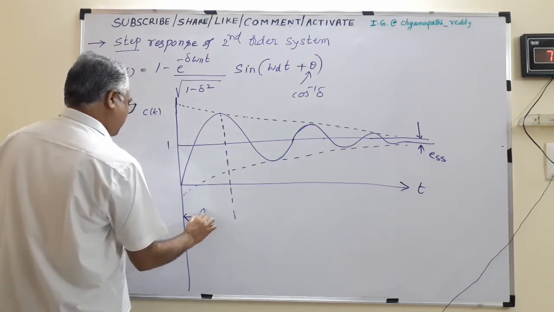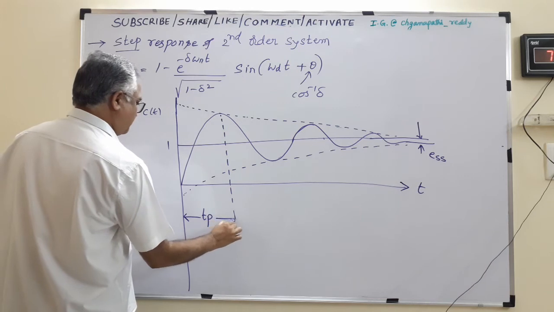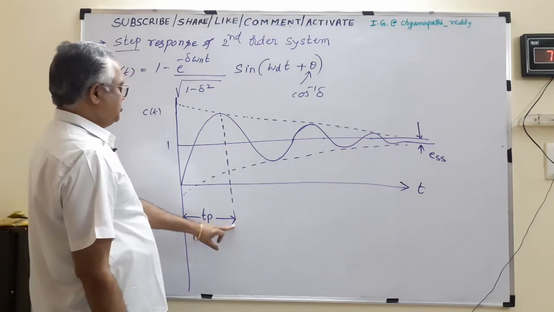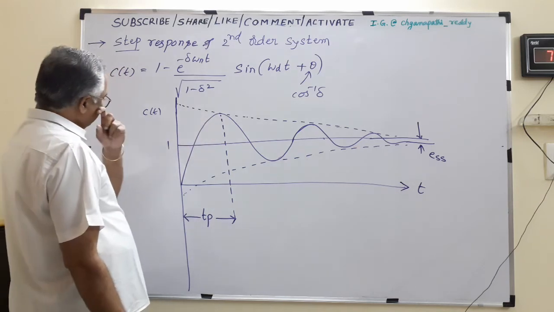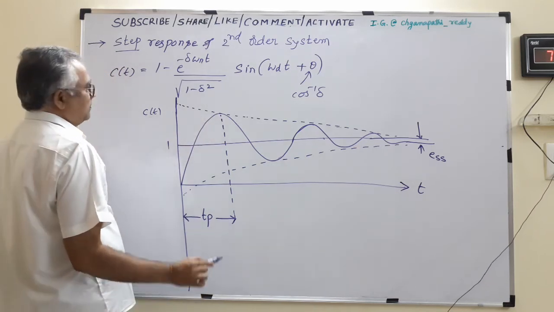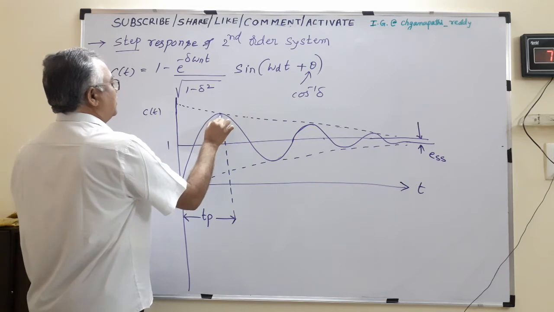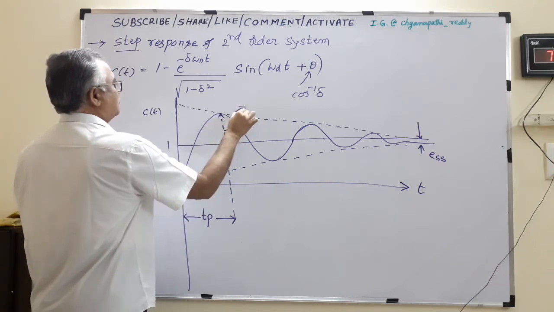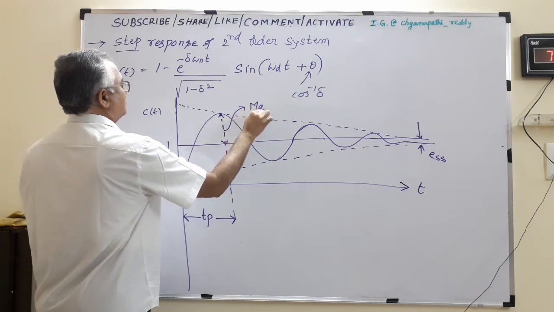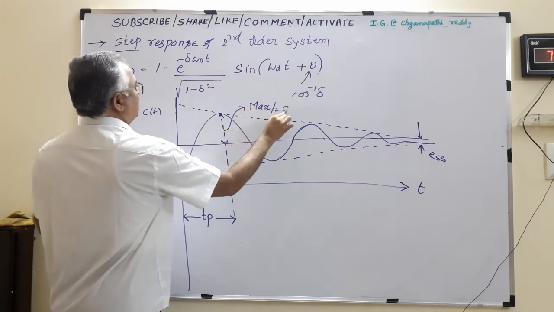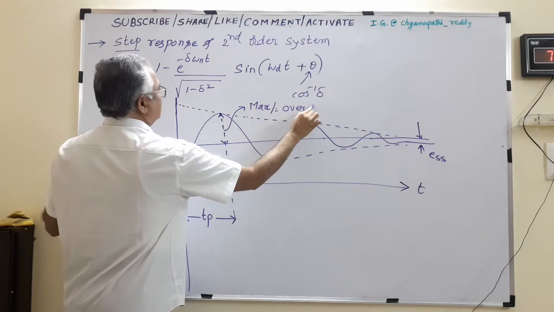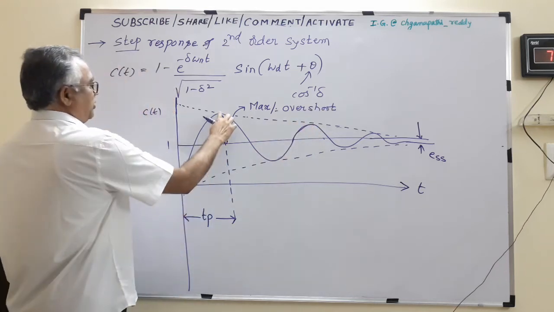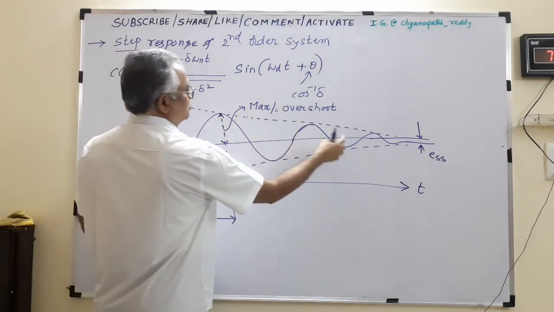This gap is called TP. The time taken to reach the peak value is TP. And this is called the maximum overshoot. We call it overshoot, undershoot, overshoot, undershoot.